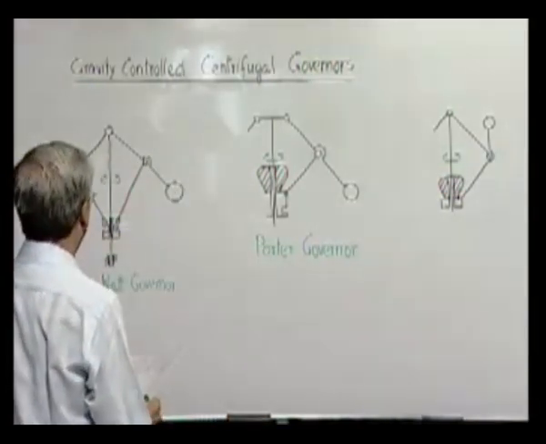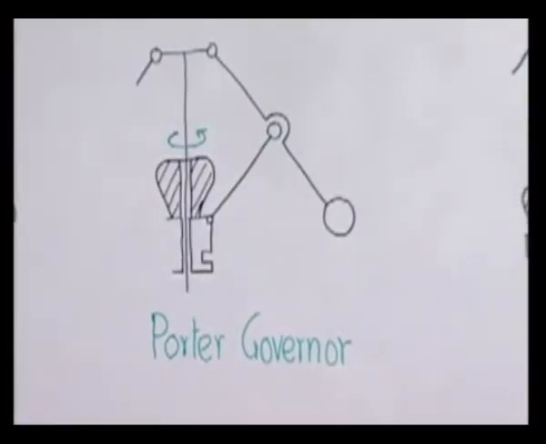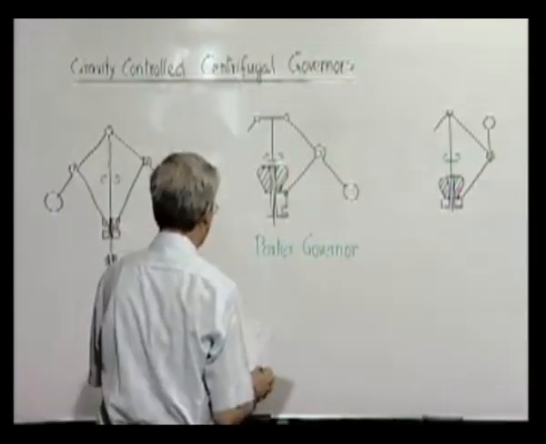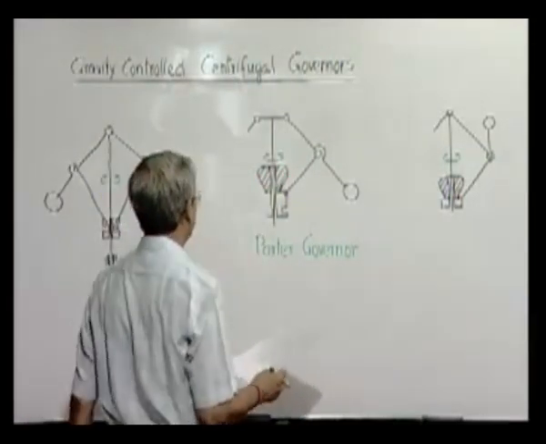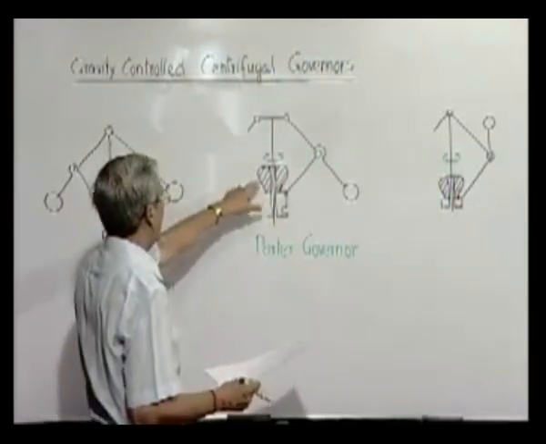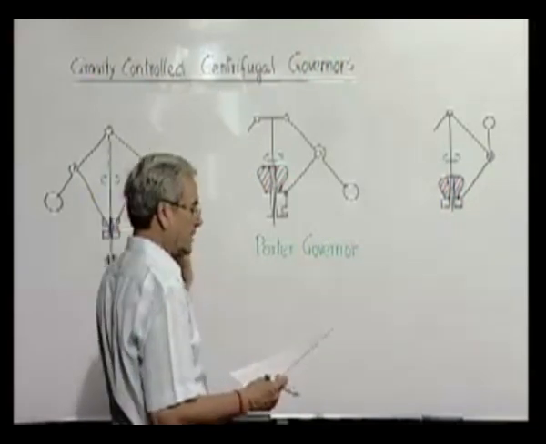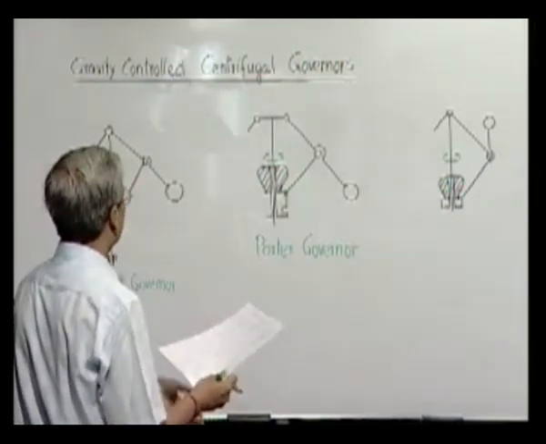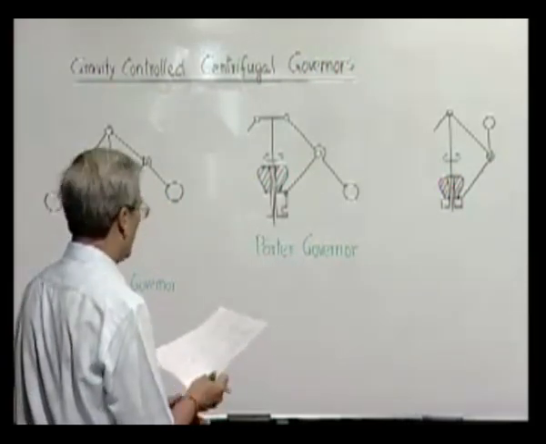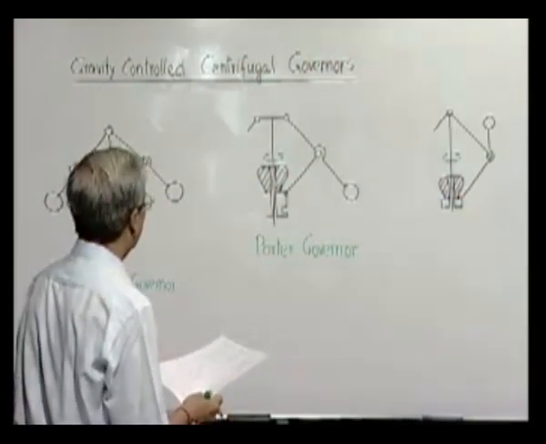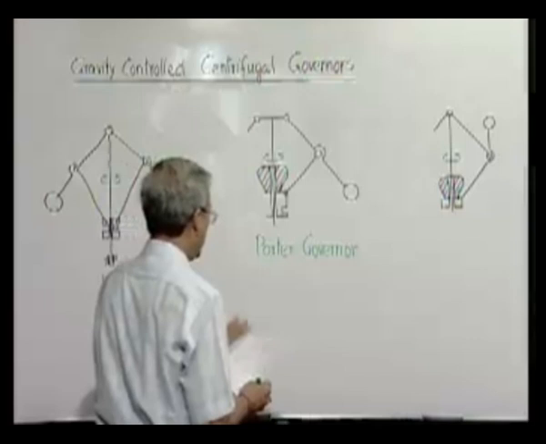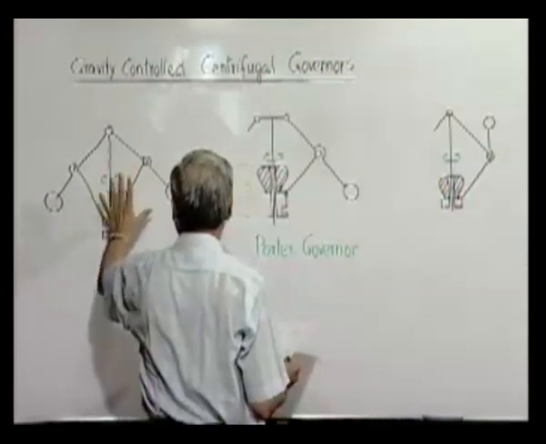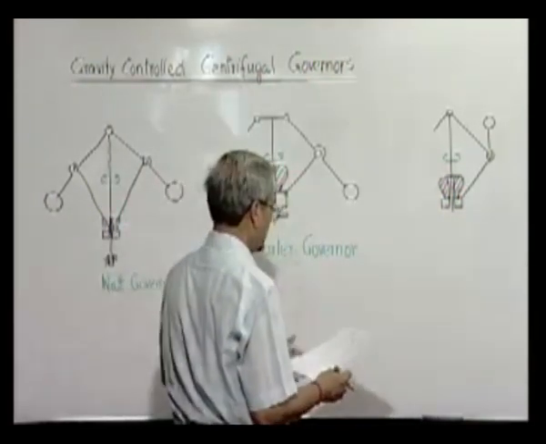Here the real main difference is that there is a heavy weight, not just the sleeve, and this weight can act as a controlling agent, and you can see later that it can improve the sensitivity at a higher speed level. But basically it is therefore a Watt governor with very slight difference.